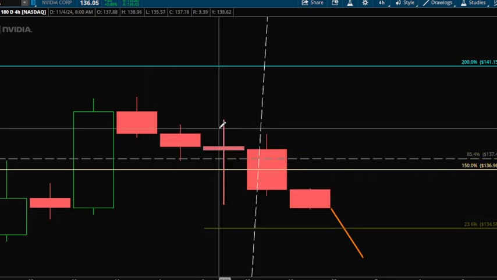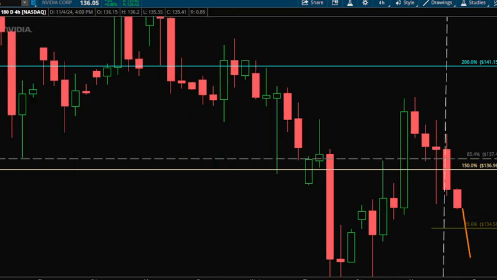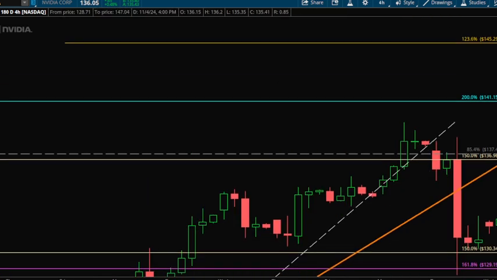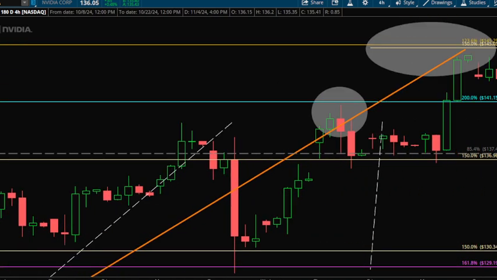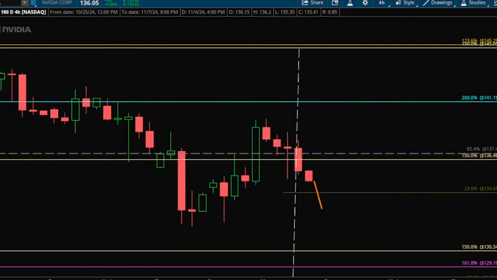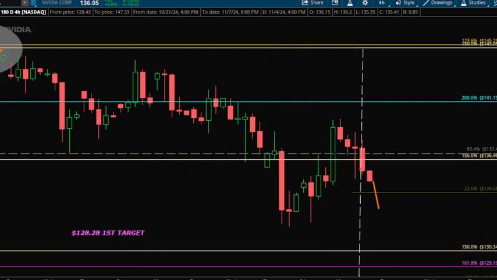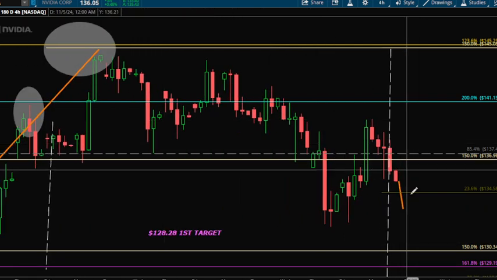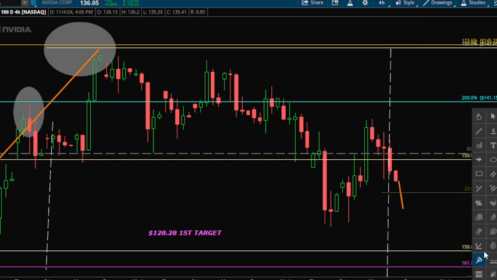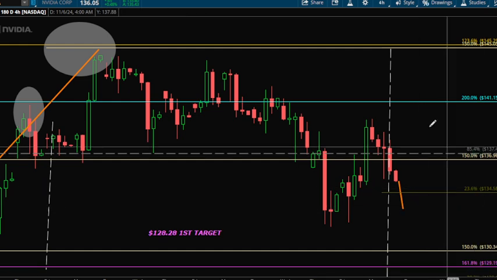Seems like that's the magic number for a lot of these moves on Nvda in this last leg here anyways. So then that'll be that, and then maybe we see another 61.8% retracement from there.